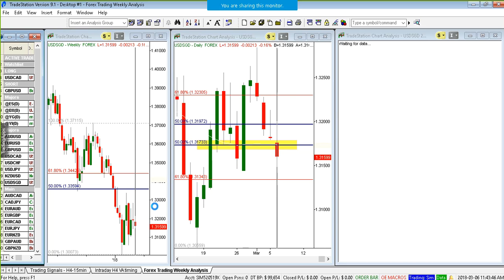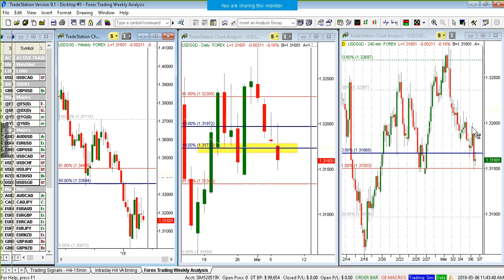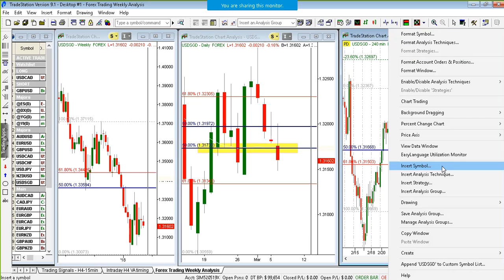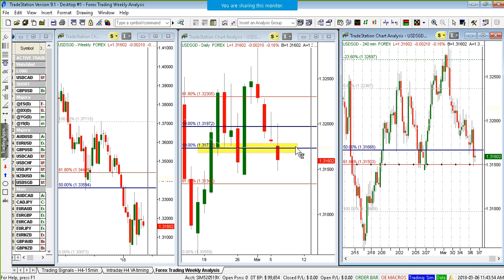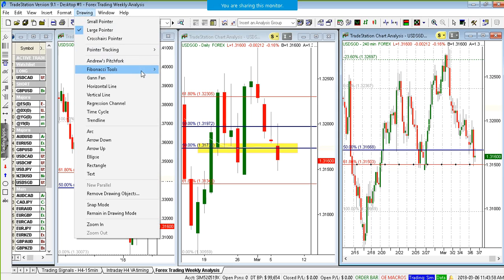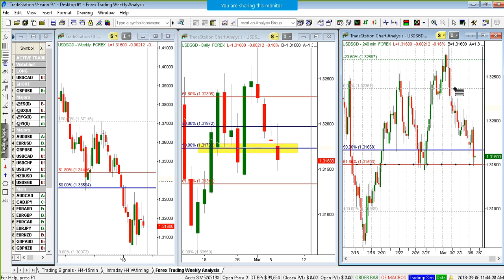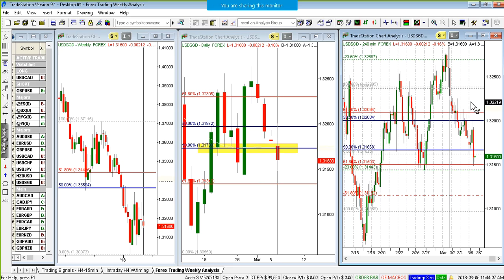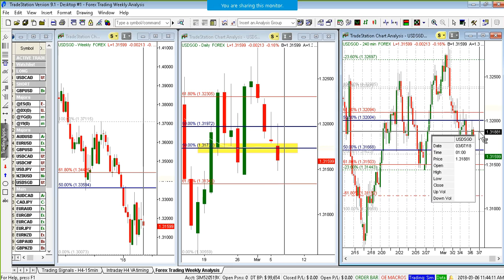And US dollar Singapore dollar here offered an opportunity during the European Open here around 3. This continuation lower here can be modeled as either an extension here, lows to lows, or also as an inner 50%.